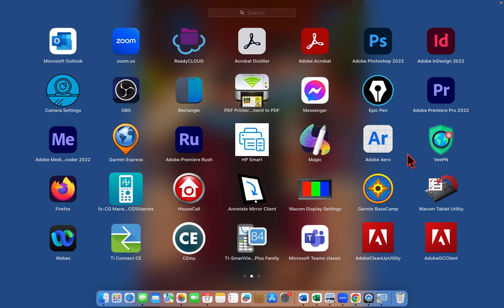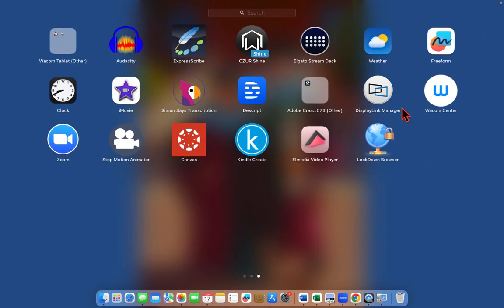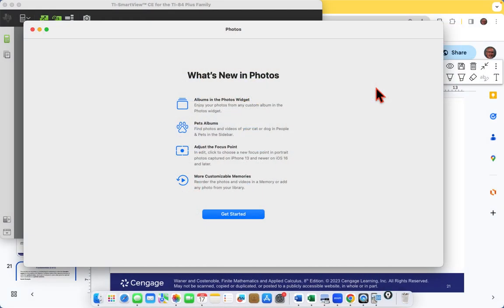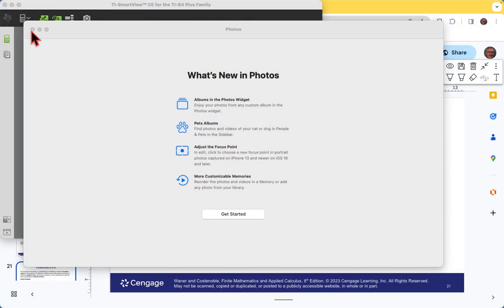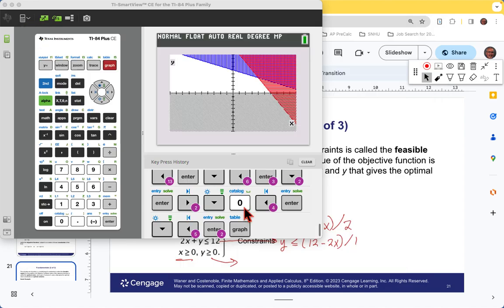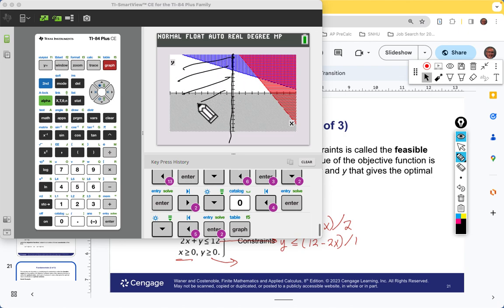I got a special tool that helps me with this sort of stuff that just draws on the screen. So we just remember we've got this additional line here of x equals 0. We don't want this side. And again, try doing that on your graphing calculator, right? So this is the little area we want.